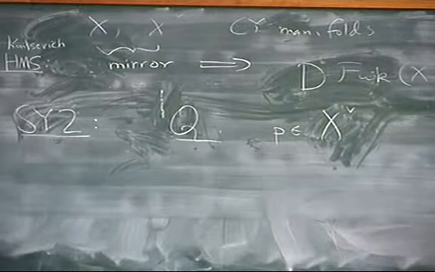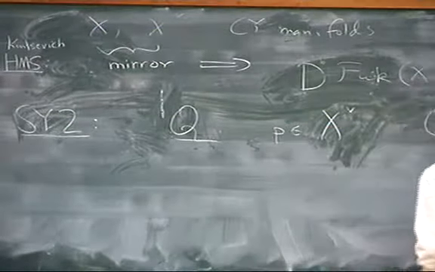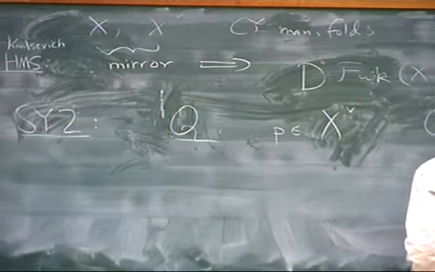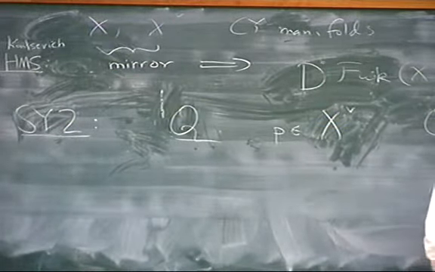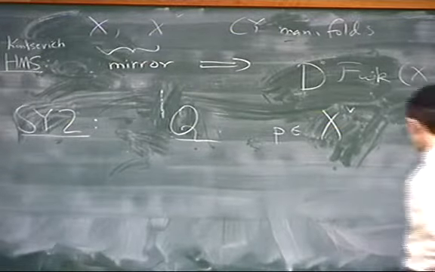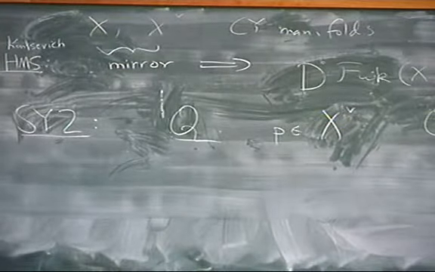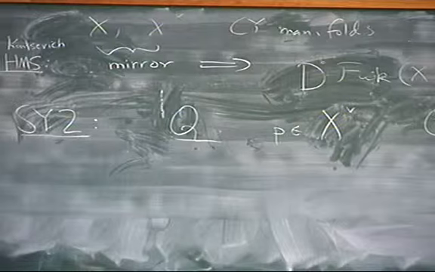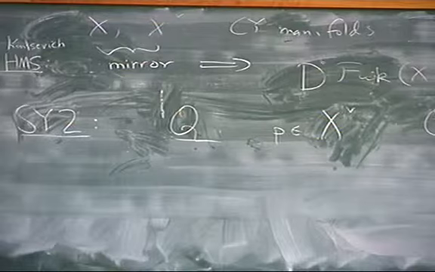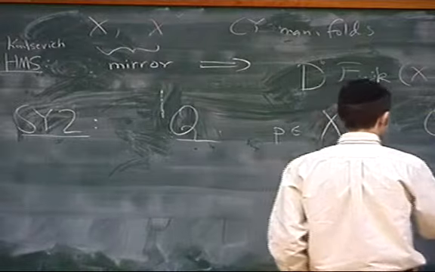Then there's a very easy to construct object in this derived category, which is just the structure sheaf of the point, the skyscraper sheaf at P. This, of course, belongs to this derived category. So you have this easiest object that you can construct. What is its mirror?